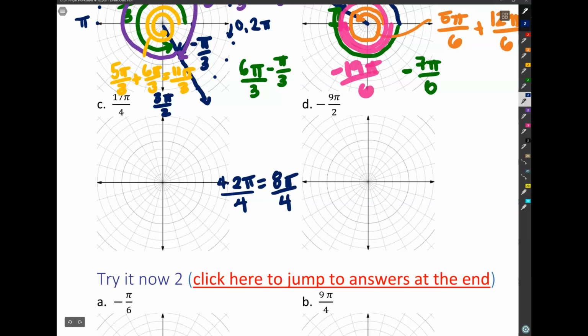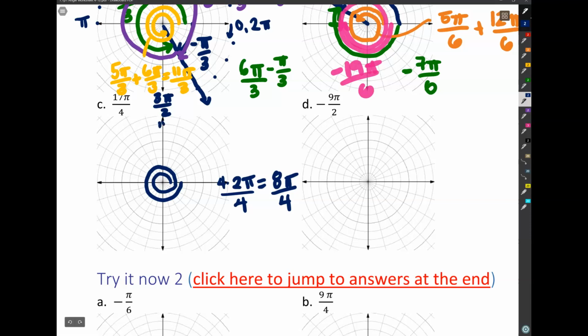So if we go 8 pi over 4, that's all the way around the circle. If we do another 8 pi over 4, that's 16 pi over 4. That's twice around the circle. So really this is saying go twice around the circle and then one more pi over 4.